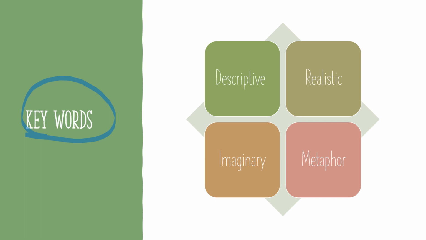Next, before I move forward, there are certain things that we need to keep in mind. There are keywords. Keywords are the important words that we have to use. There are 4 keywords for this plan. Descriptive means that something is describing something. For example, my favorite drawing is that of an apple.